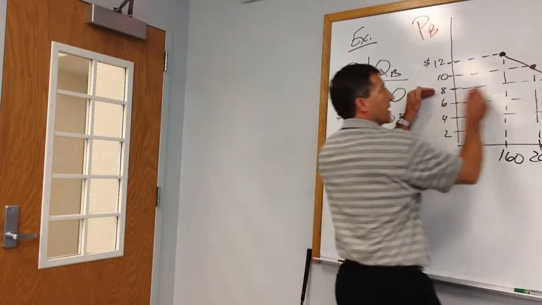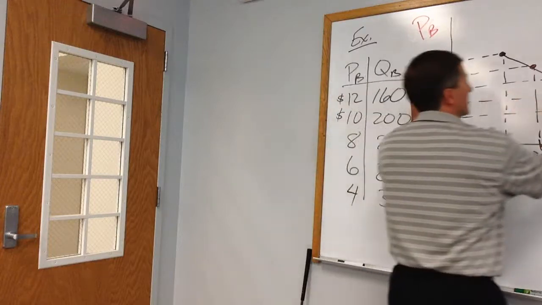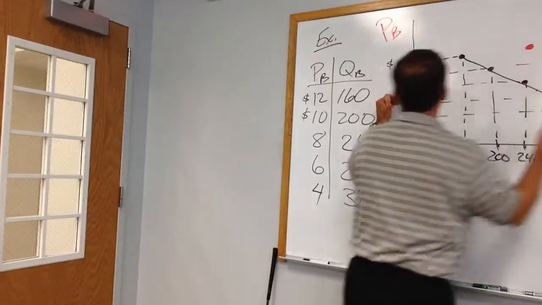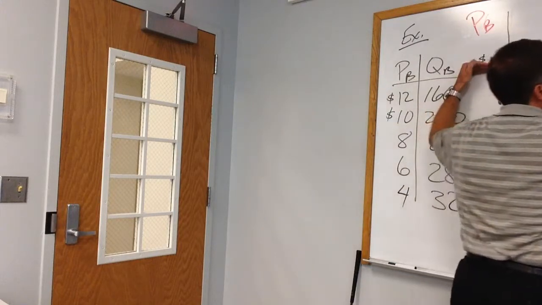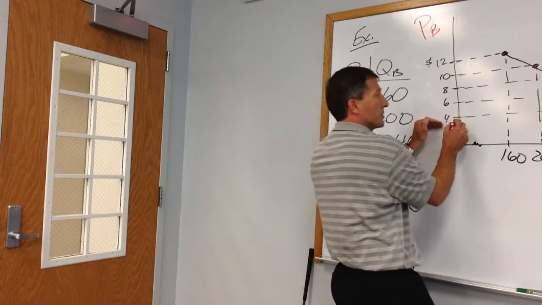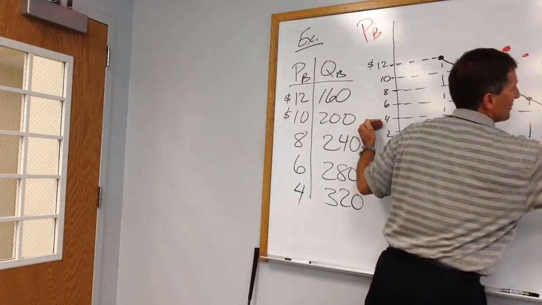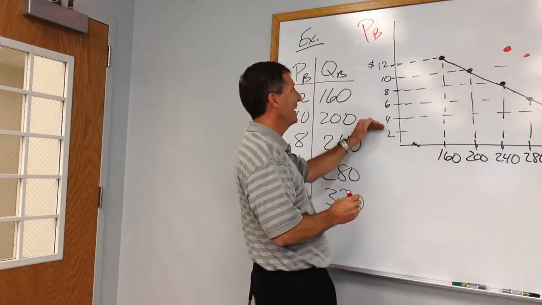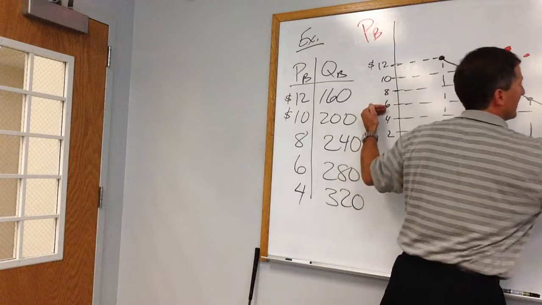At $8, I used to want to buy this much, now I want to buy this much. At $7, I used to want to buy this much, now I want to buy this much. At $11.59, the same. At $3, I used to want to buy some number over here that I can't see, now I want to buy a number that I can't see. At $5, I used to want to buy this much, now I want to buy this much.